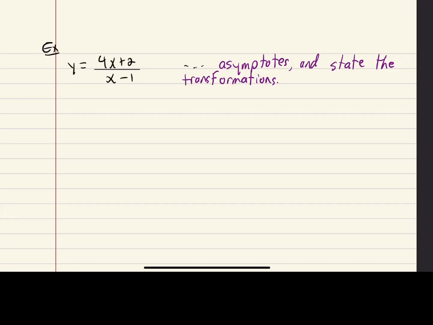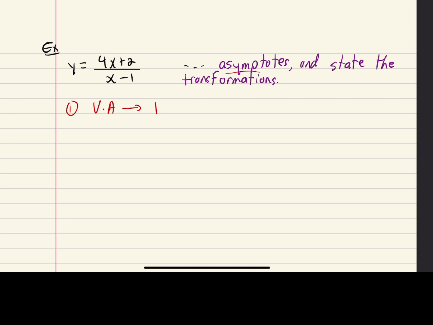Okay, so let's say we're given this equation here. We also want to find the asymptotes and state the transformations that have occurred. So for the asymptotes, that's easy. We could follow the regular rules, which is that we'll find out which value for the vertical asymptote gives us a value of 0 for the denominator. In this case, that is going to be 1.